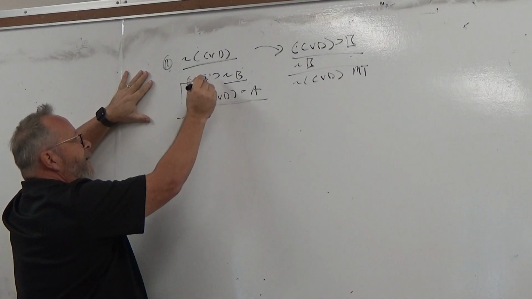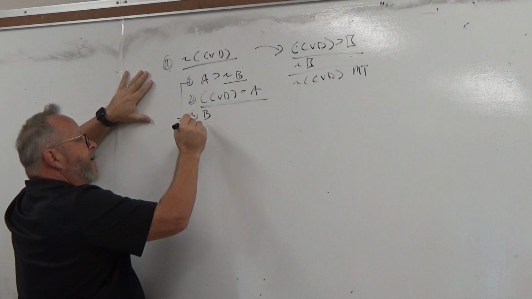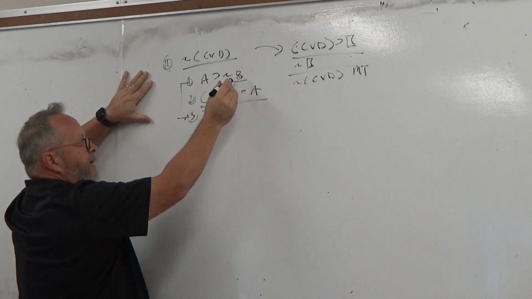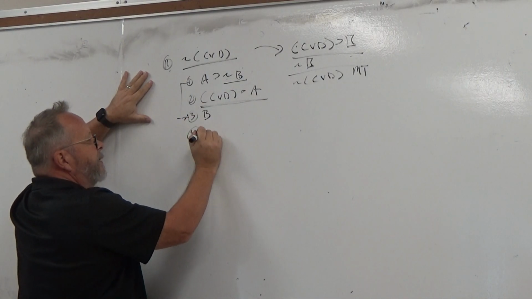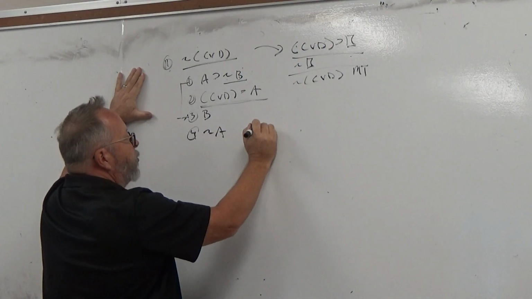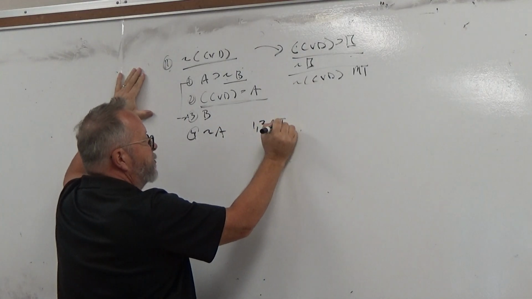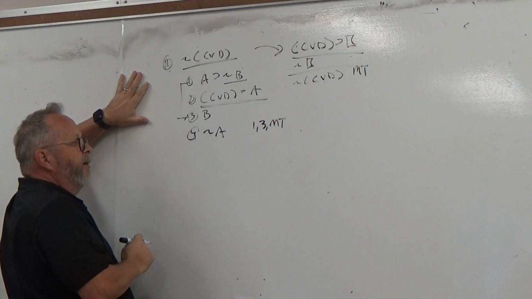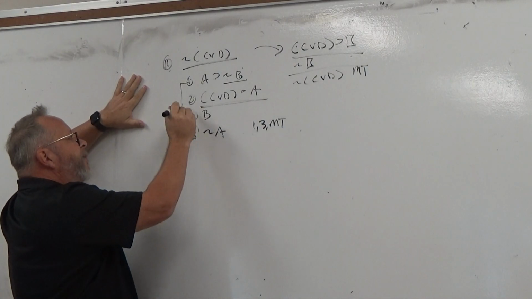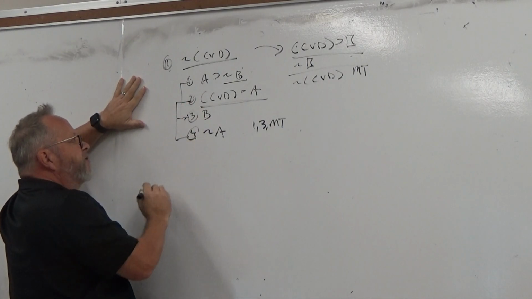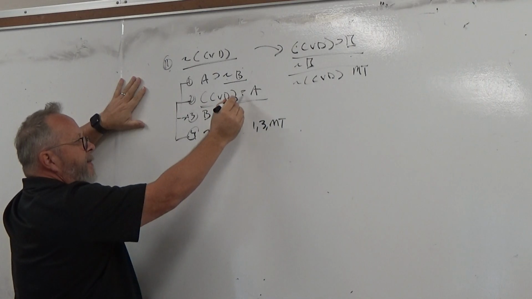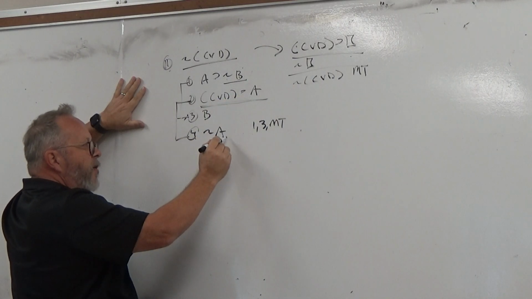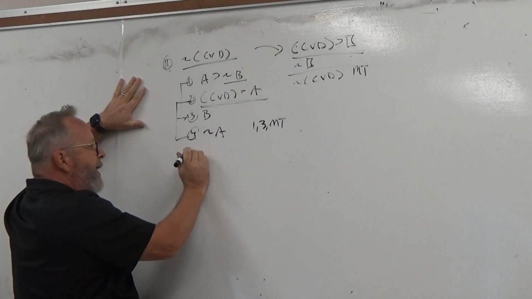So look, A then not B, but not B gets us not A from 1 and 3, modus tollens. Now we have to remember why we got the not A, because we wanted to use it on line 2. It says blah, blah, blah, then A, but we don't have A, so we must not have that.